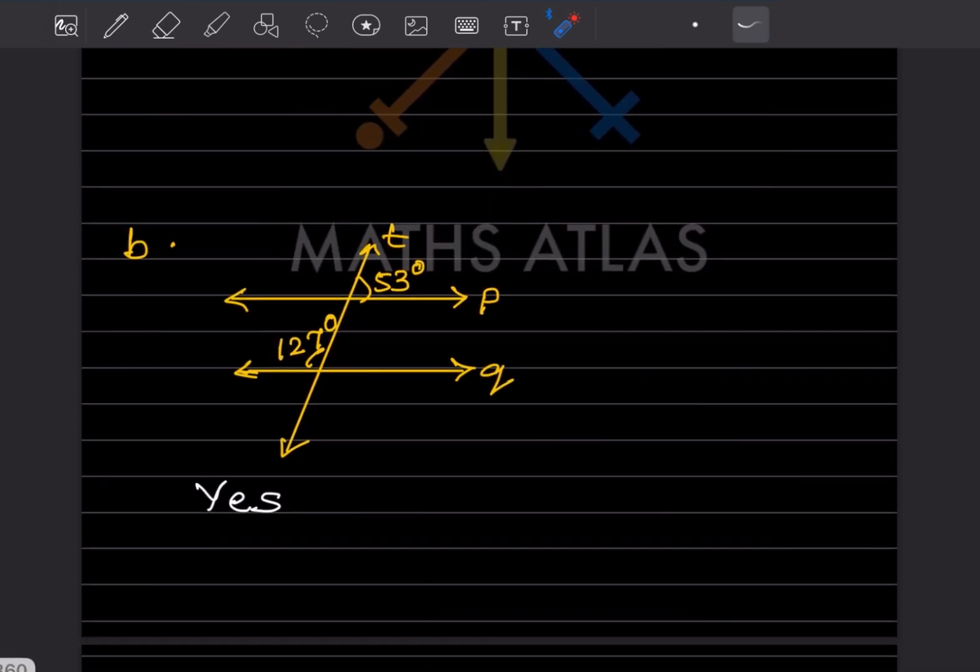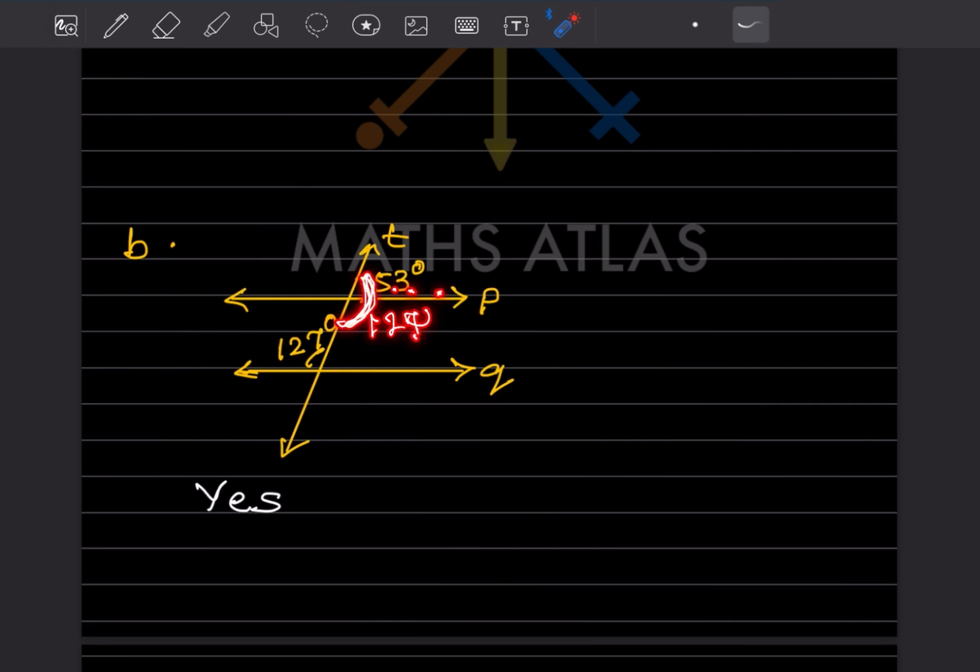Again here, we check whether P is parallel to Q. You can see this is 127 and this is 53. So this is the linear pair.